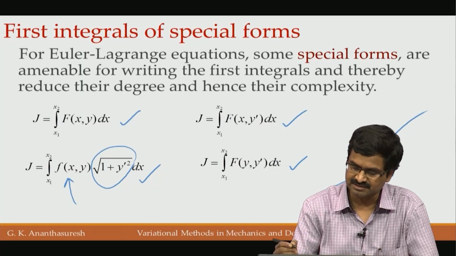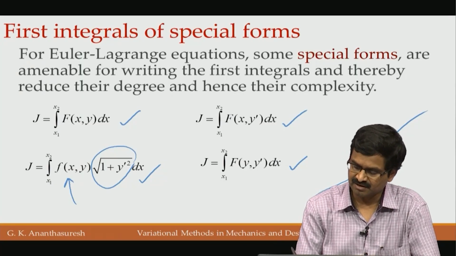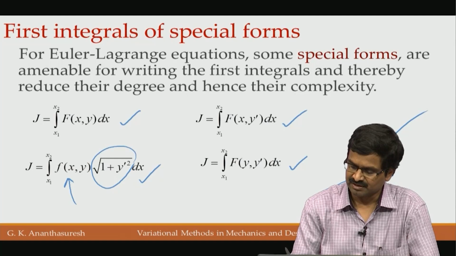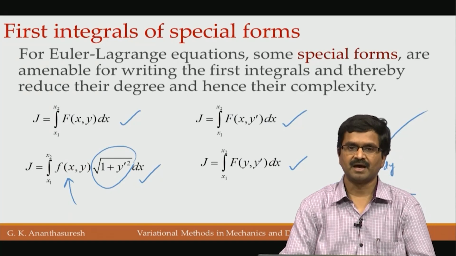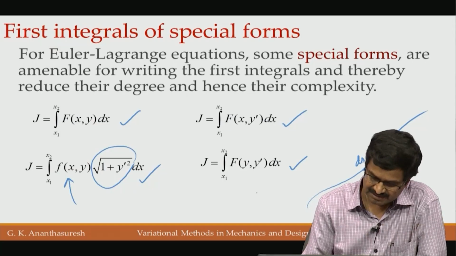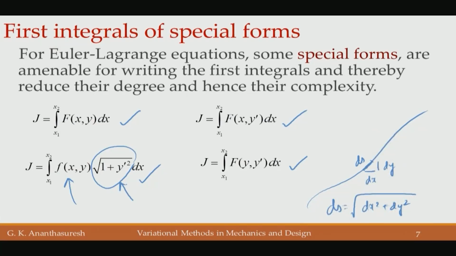So, this is ds, that basically comes to square root of dx square plus dy square, and when you take dx out, you get 1 plus y prime square. Again recall that y prime is dy by dx. Okay. So, these are the four special forms that we are going to consider one by one.